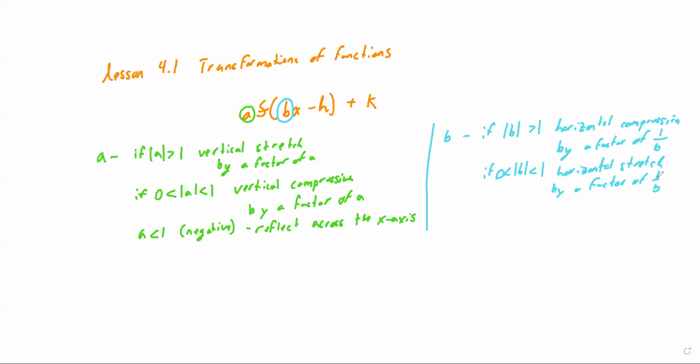And if B ends up being just 3, then you end up compressing by a factor of 1/3. So it again does those opposites.